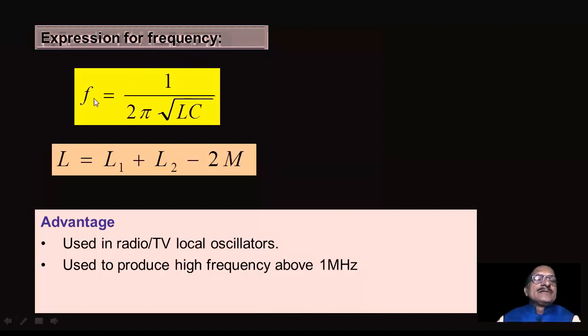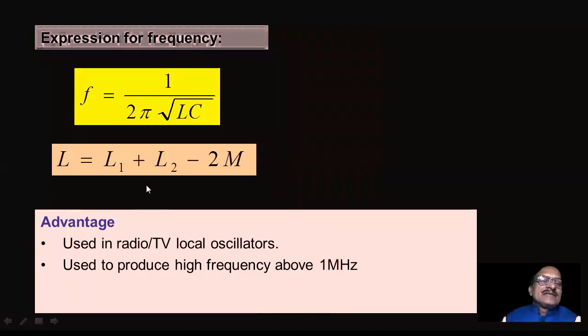So what is the formula? The same formula as in the Colpitt's oscillator: f is equal to 1 upon 2 pi root LC. But in the Hartley oscillator, there is a split inductor, that is L1 and L2. In Colpitt's, we have seen that there is a split capacitor, C1 and C2. Therefore, we calculated the equivalent capacitor between points P and Q, that is C. Similarly, here we are using a split inductor, L1 and L2.